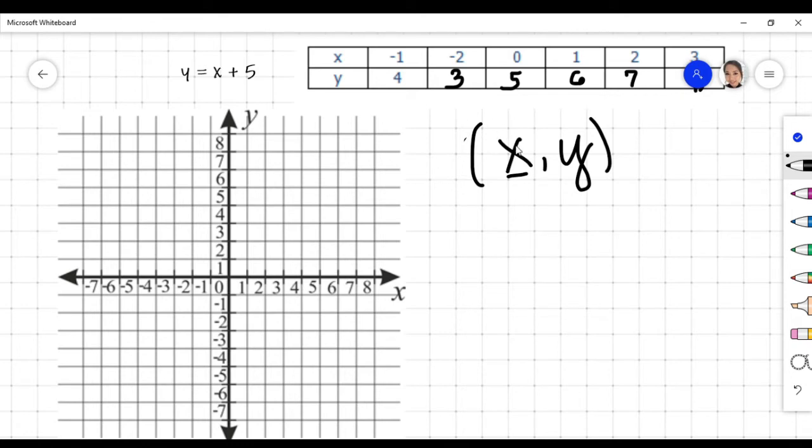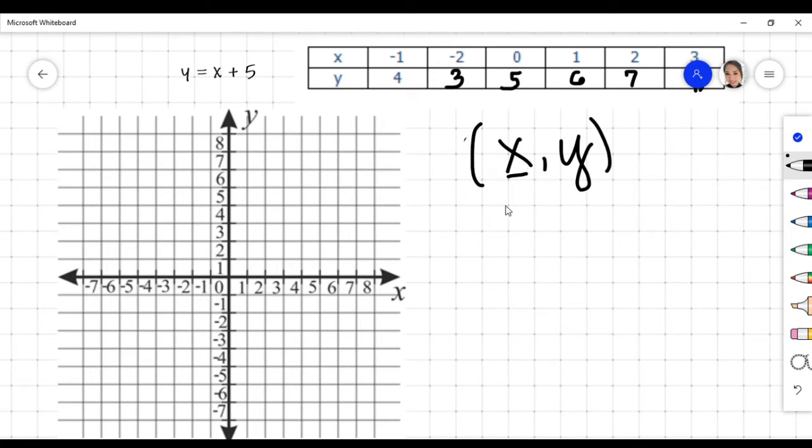So remember that the x values or the abscissas can only be found on the horizontal line or the x-axis. So, ibig sabihin, titingin ka muna dito, tsaka ka tumingin sa y-axis. Kasi, second coordinate natin yung y-axis. Yung first coordinate natin is the x-axis.